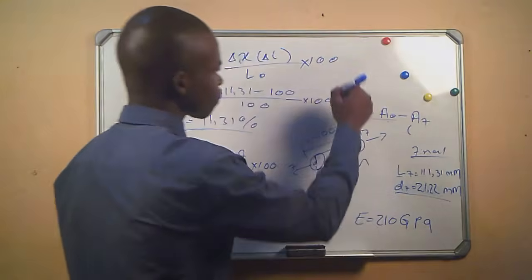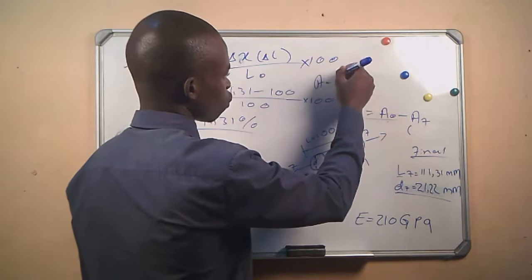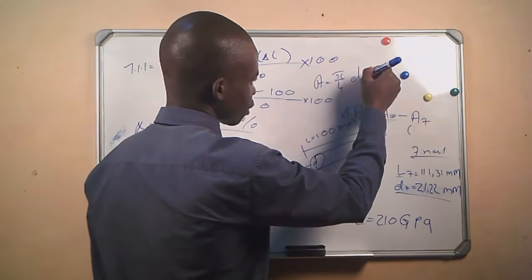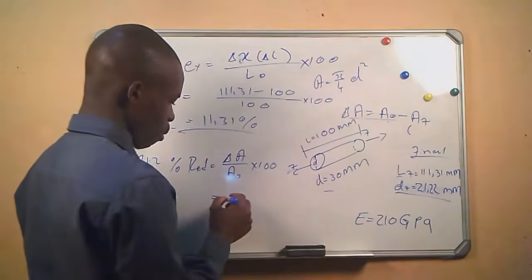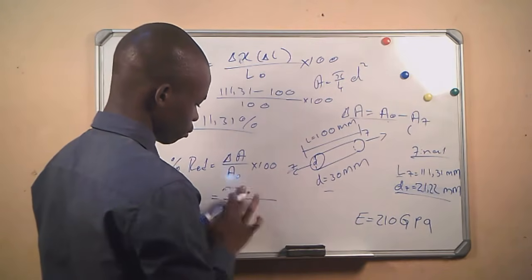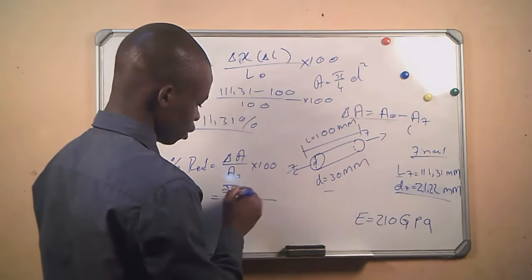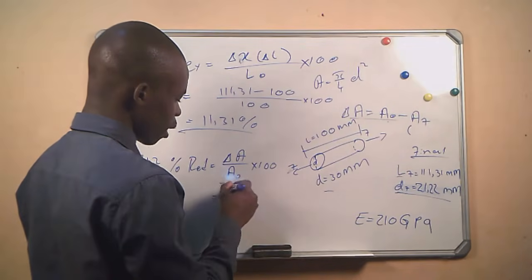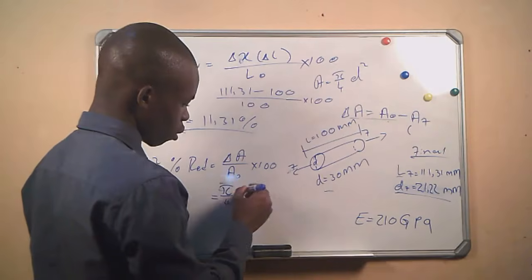We know that area is equal to pi divided by 4 times d squared. Then we will say pi divided by 4.